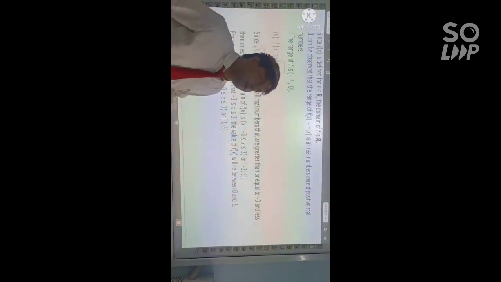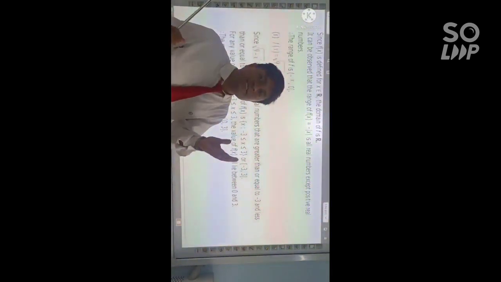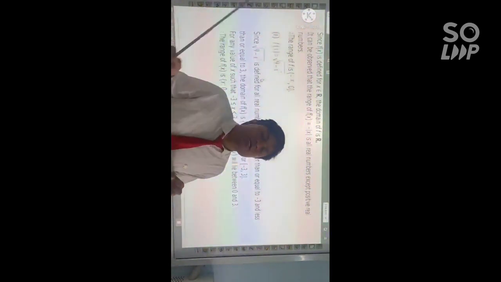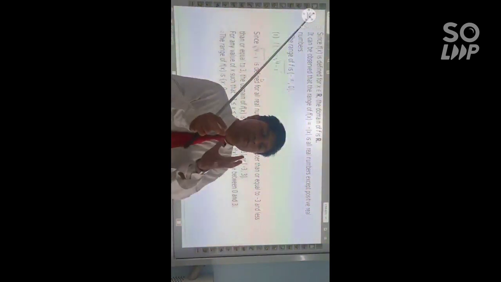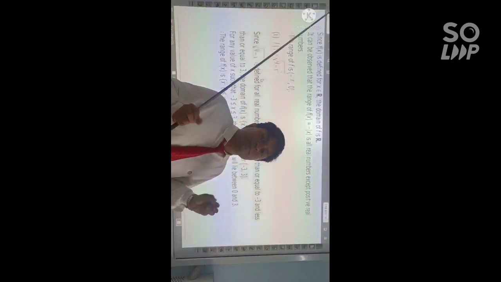For any value of x from minus 3 to 3, the value of f of x will lie between 0 and 3. When we put 0, we find 3. When we put 3, we find 0. It means all the values are inside 0 and 3. So 0 to 3 is the range and all the values of x are called the domain.